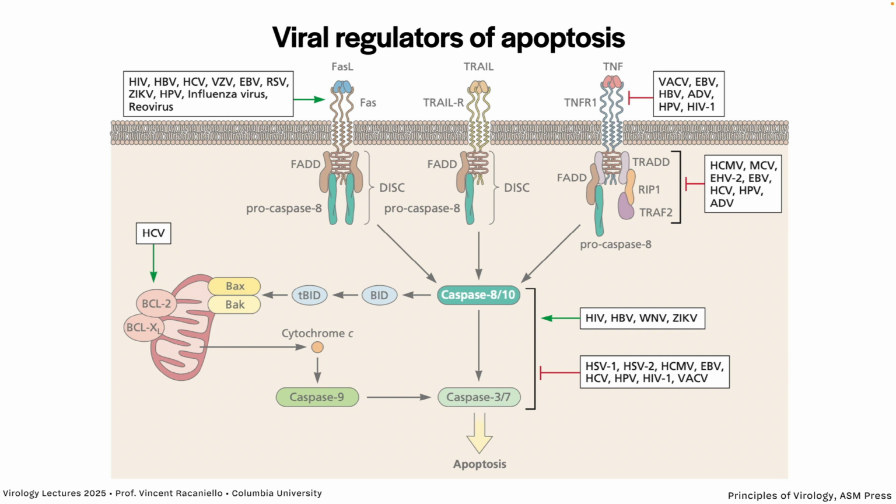Okay, and there are three receptors: FAS, TRAIL, and TNFR1. So if you ever heard of tumor necrosis factor, tumor necrosis, right? It's killing tumors by inducing apoptosis. And viruses can antagonize that because TNF is produced in response to virus infection, and the viruses can counter.